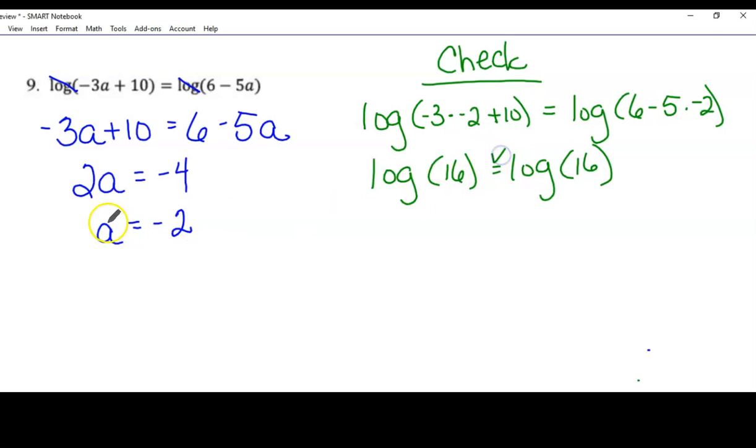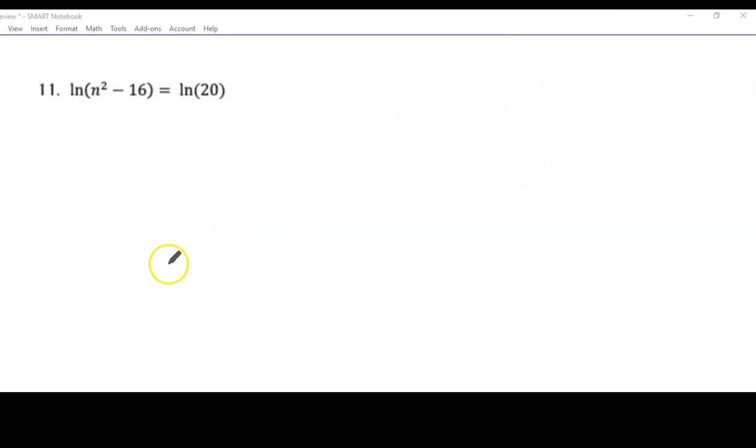So that checks out. Number 11, both of these are natural logs, which is log base e, of course. So cross that out.